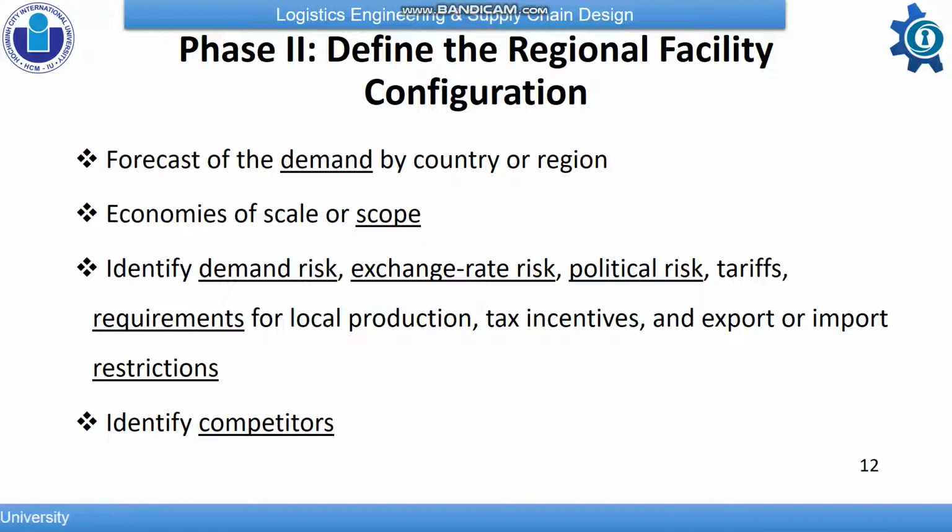And then the managers have to identify the demand risk, exchange rate risk, and also political risk with the regional markets. And then they have to identify the competitors in each region so that they can determine if they should locate near, next to, close, or far from the competitors' facility.